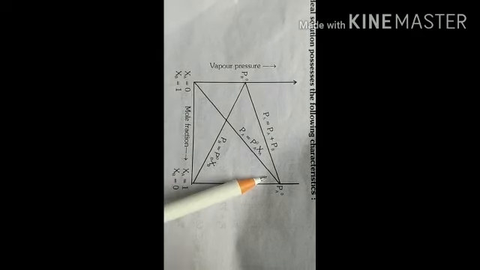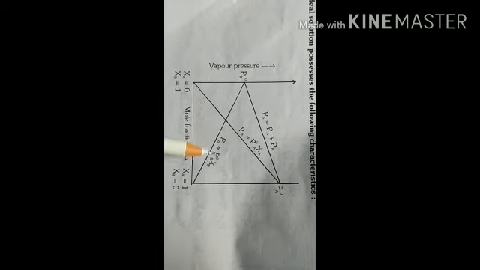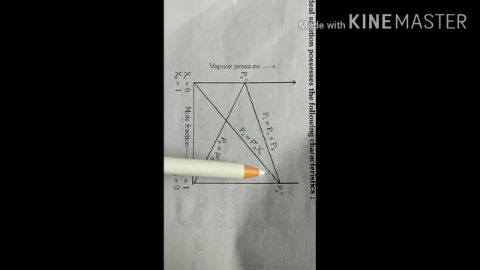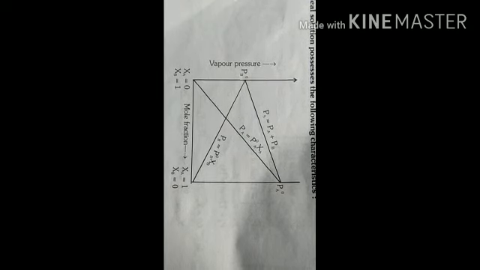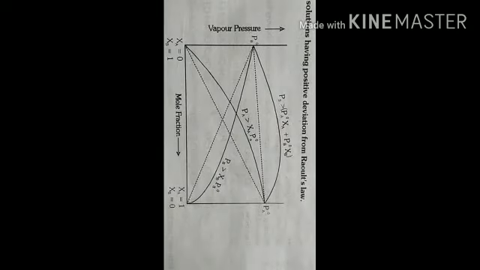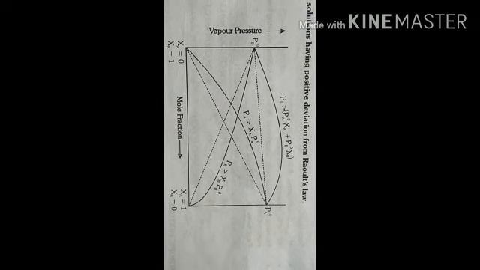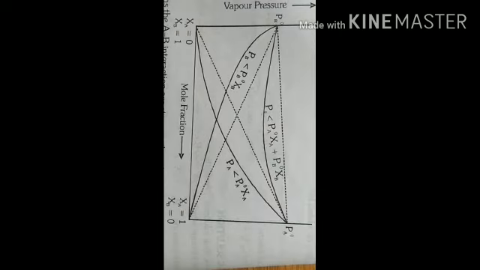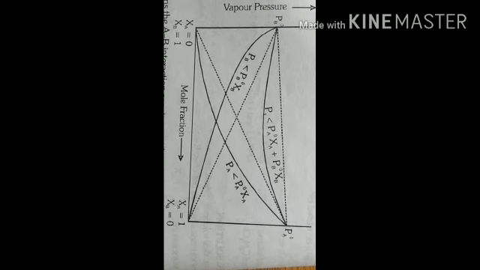Along this line, PA is equal to P naught A XA, PB is equal to P naught B XB, and this adjoining line gives us PS, which is equal to PA plus PB. For a solution showing positive deviation from Raoult's law, we get a graph like this as shown in the figure. For a solution showing negative deviation from Raoult's law, we get a graph as shown in the figure below.